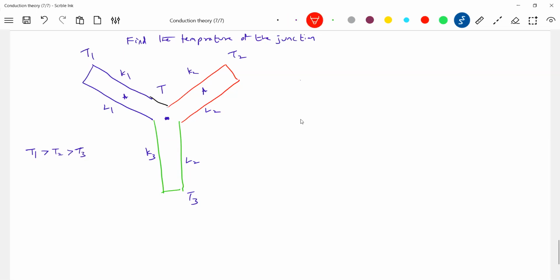So what we do, let the thermal power flow like this: H1, H2, and let it be H3.